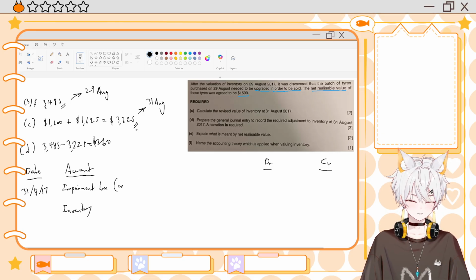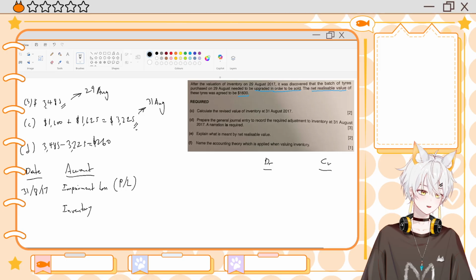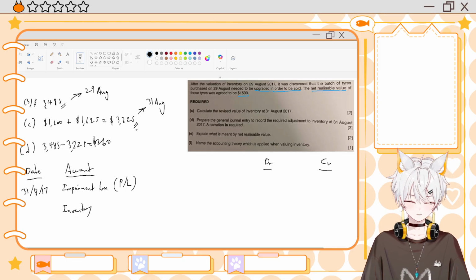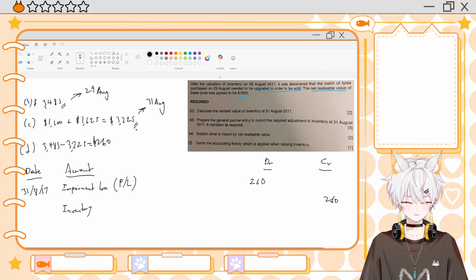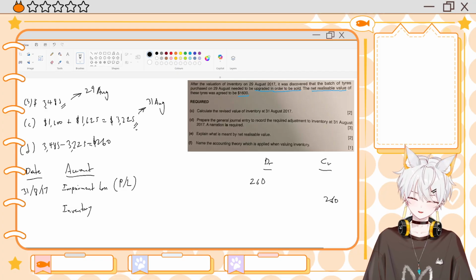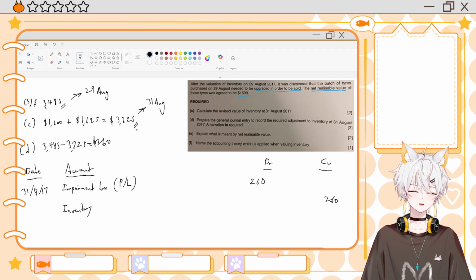So if you want to be very clear, you'll write the statement of profit or loss, or P/L, to remind yourself that this is an expense account, just in case you have other things to do with it later on. Once you figure out the credit, it's relatively easy to figure out what the debit is. The hard part is figuring out the first one.